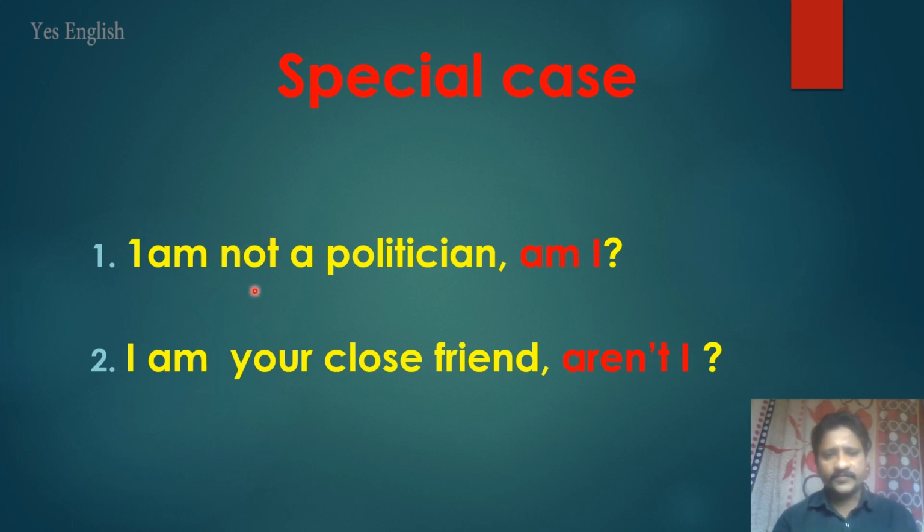So in negative sentences you can use am I, but when it comes in a positive sentence, I'm your close friend, this is a positive sentence, so the am has to be replaced with are. So instead of amn't I, please use aren't I. This is also another special case for the question tag.